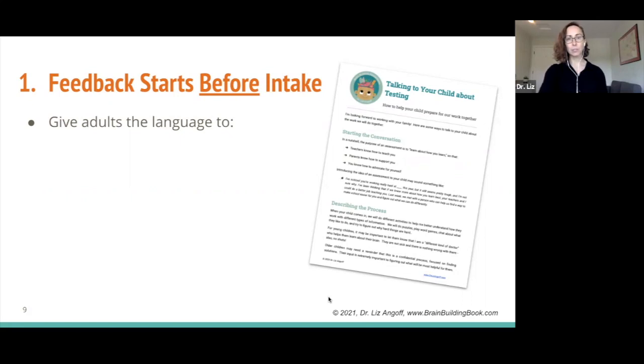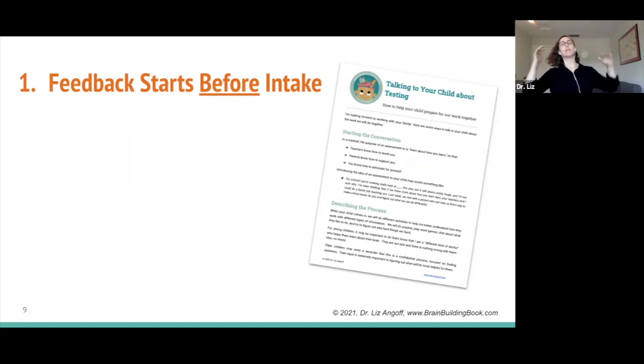So feedback starts before intake. So what do I mean by this? There's a concept in the literature on feedback in general for adults that feedback starts at intake. So at that first intake interview, you are planting seeds for where you might be going for your feedback, or where you might end.